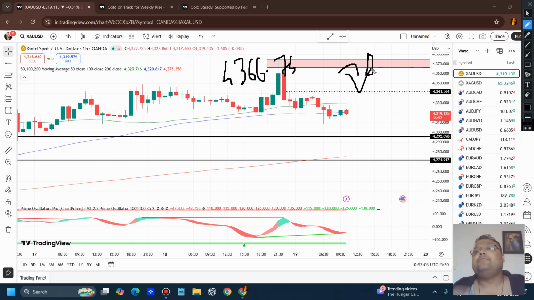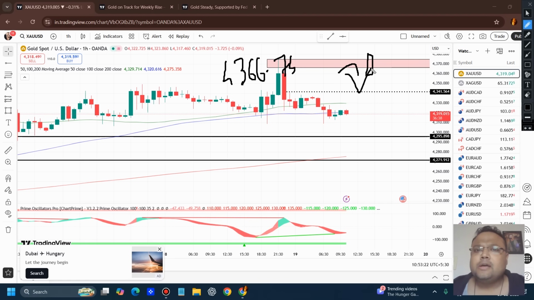So if market fails to cross it, if you see the market is coming down, we can look for a sell around 4366, 74. Chances of market going above 4366, 74 is less unless heavy volume comes. But at this particular time of the year, usually we do not see big breakouts or big trend reversals, so we can expect that a selling opportunity may come around 4366, 74.